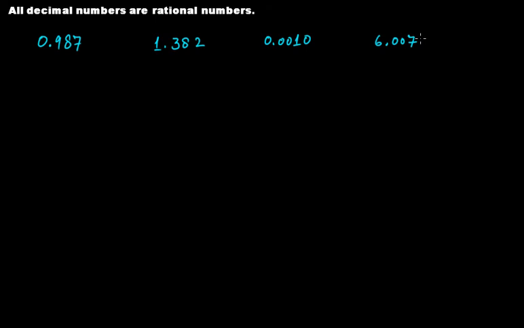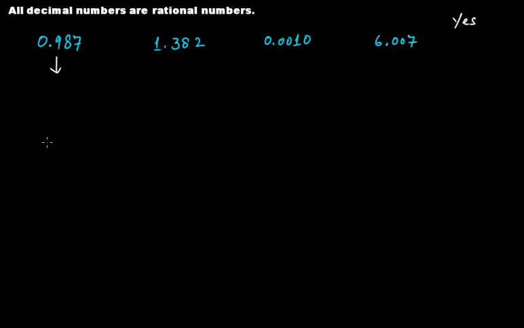Let's say these are 4 decimal numbers. Are these decimal numbers rational numbers? If we say yes, then can you prove how? Or can you check how? So let's solve for this one.